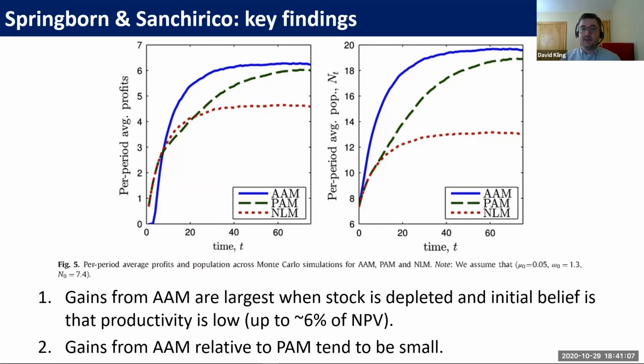What they found is that gains from active adaptive management, the optimal solution to the belief state MDP, were largest when the stock was depleted and initial productivity is believed to be low.